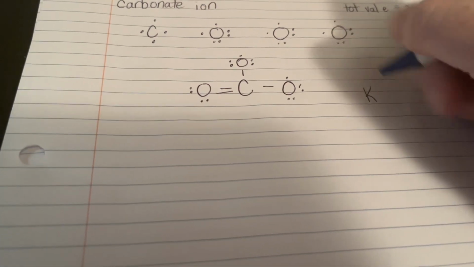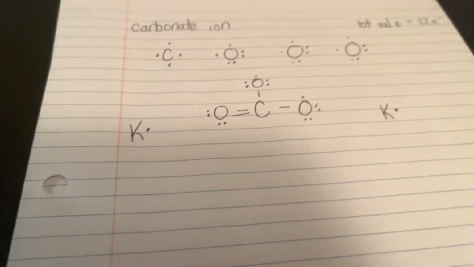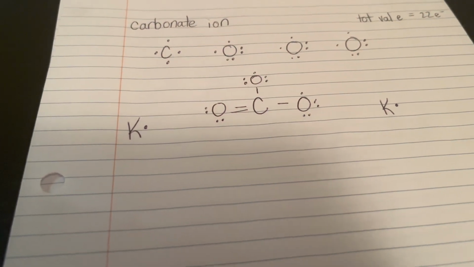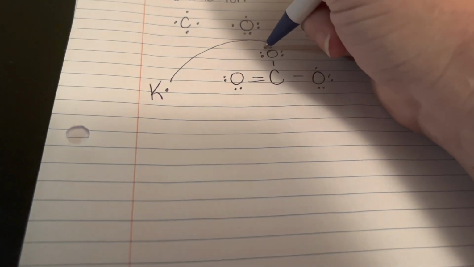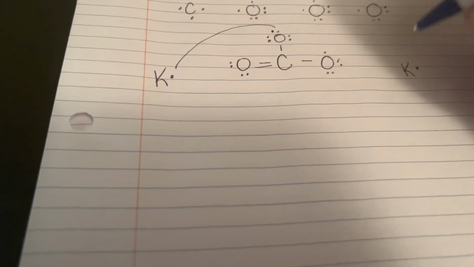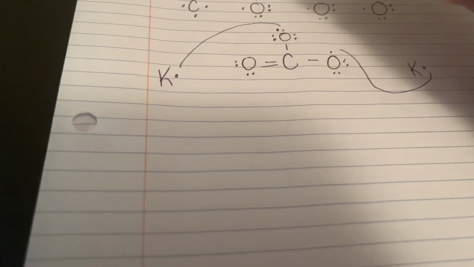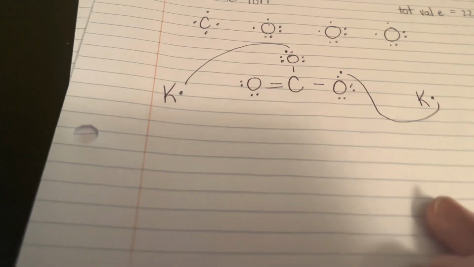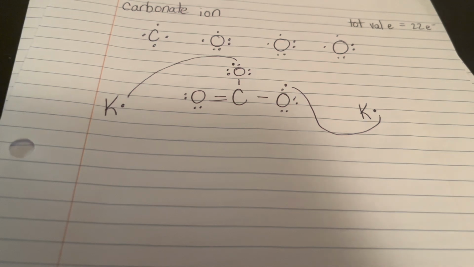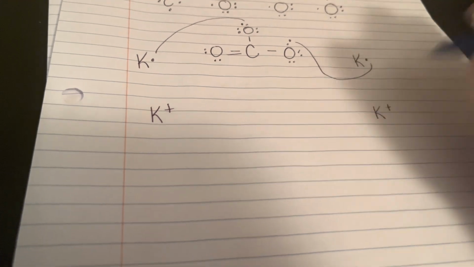Well, that would be great because this potassium could donate its valence electron up here to make this oxygen happy, and this one could donate its valence electron here to make that oxygen happy. And so that would leave your potassiums with a positive charge.